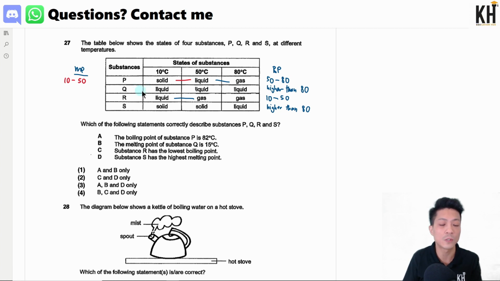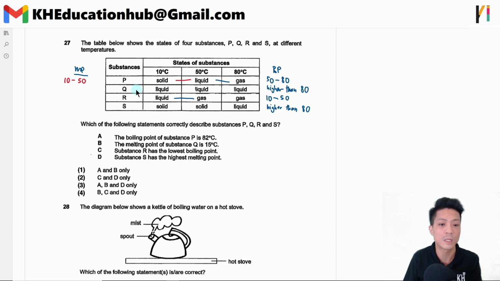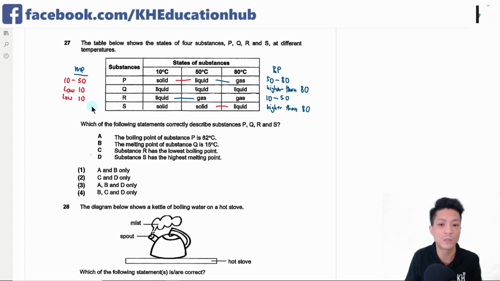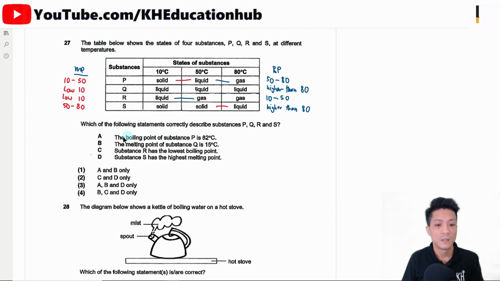For Q, because we don't know when it becomes a solid, it will be lower than 10. For R it is also lower than 10. And for S, we can see that the melting point is from 50 to 80. Okay, so now we can start to go through the statements.